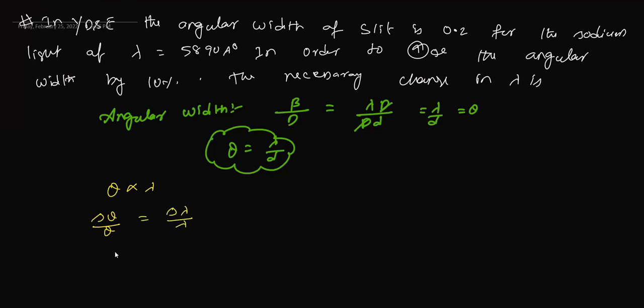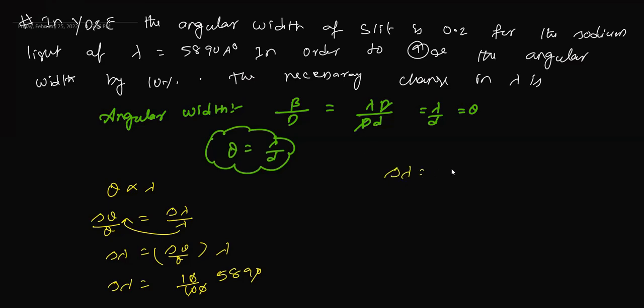Therefore, delta lambda can be written as delta theta by theta into lambda. Delta theta by theta is how much? 10%. So 10 by 100 into 5890. The zeros will get cancelled. Therefore, delta lambda equals 589 angstroms, which we got.